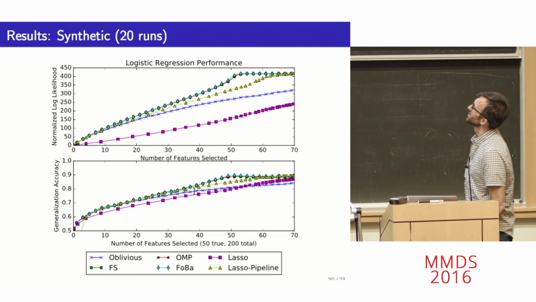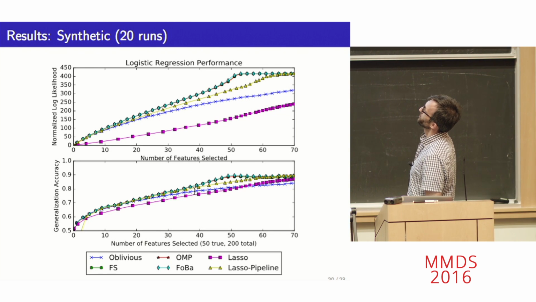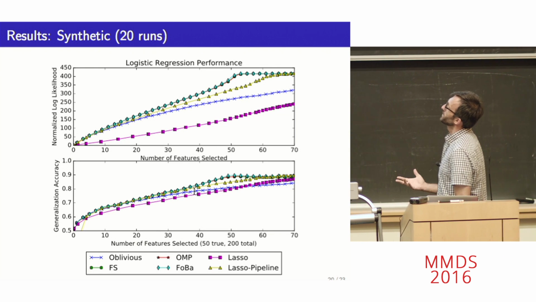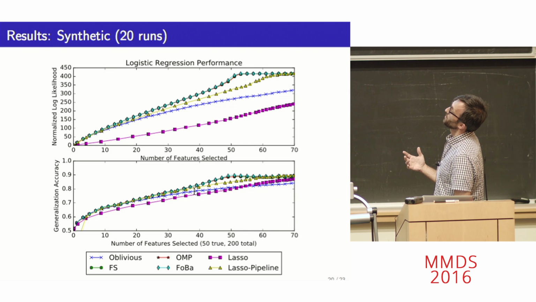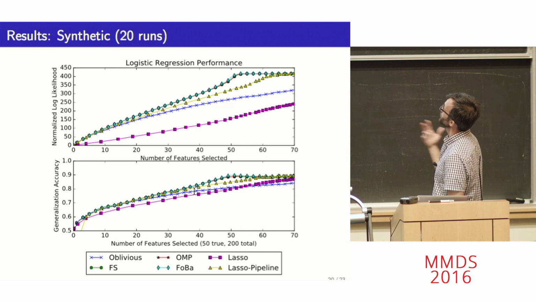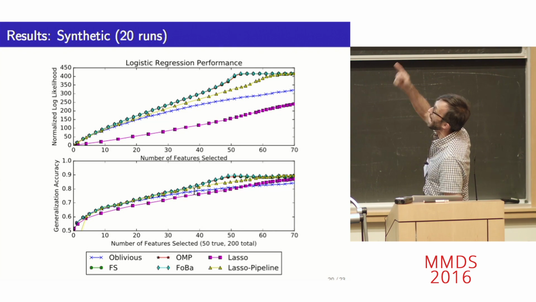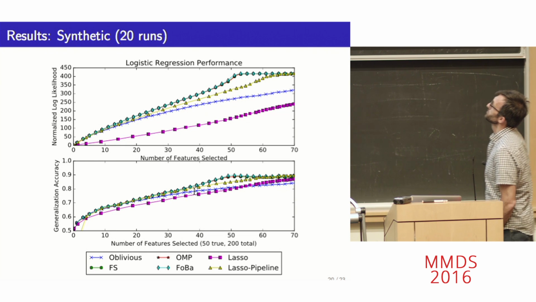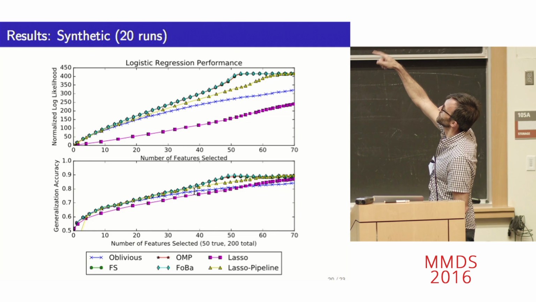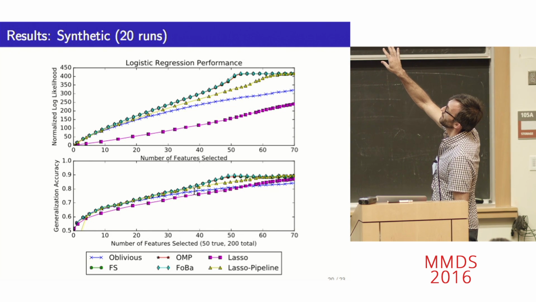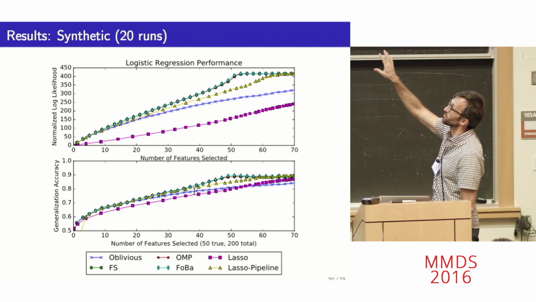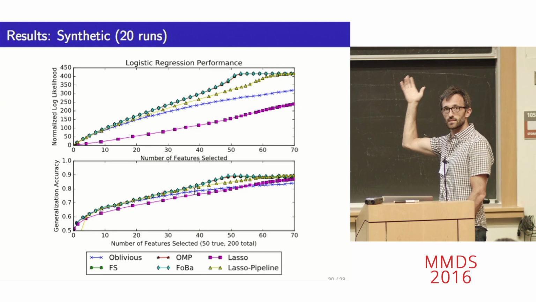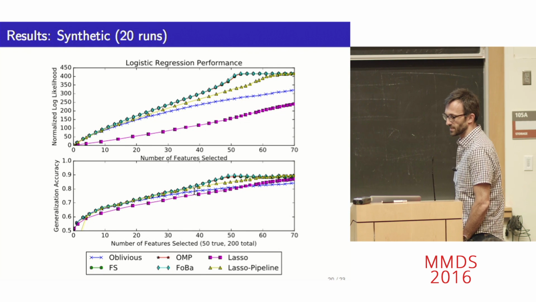Okay, so what does this show us? Basically, what this is showing is that in terms of generalization, higher is better in both of these curves. In the top, we see lasso is on the bottom. That's not surprising because lasso has this additional term to contend with.